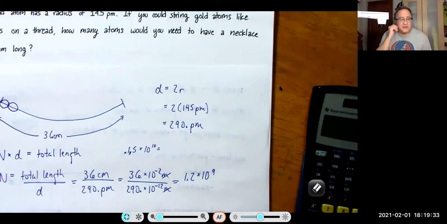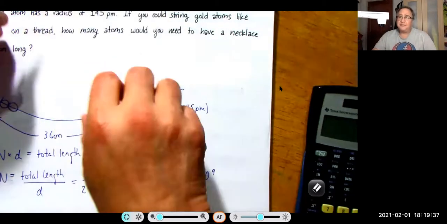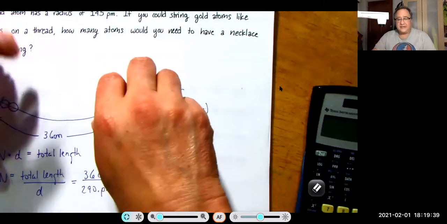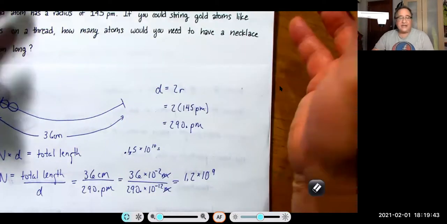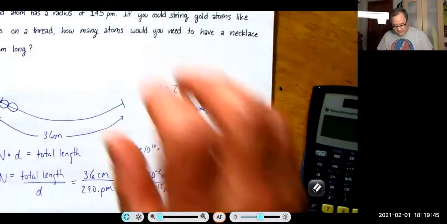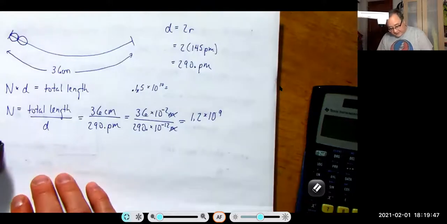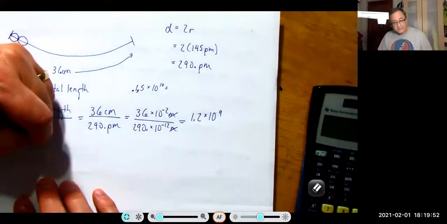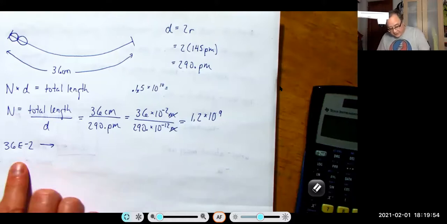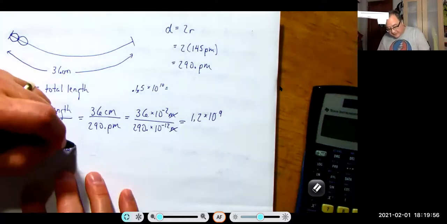Some of the mistakes people first make when they use that EE button is they want to put E10 caret and then the power. The EE literally means, so if I write 36 E negative 2, this means 36 times 10 to the minus 2.